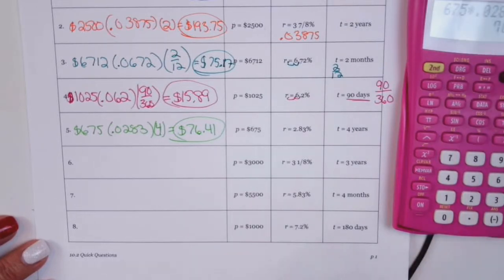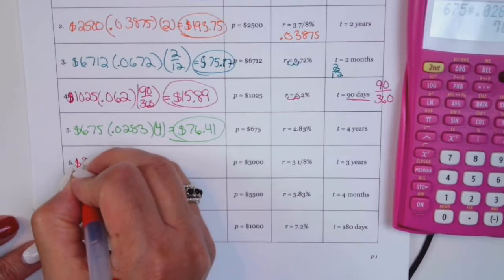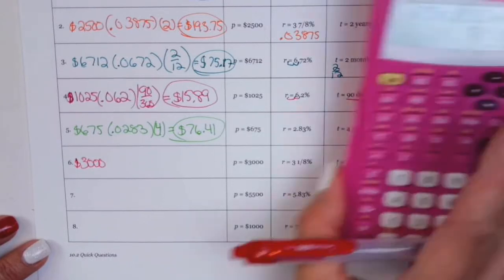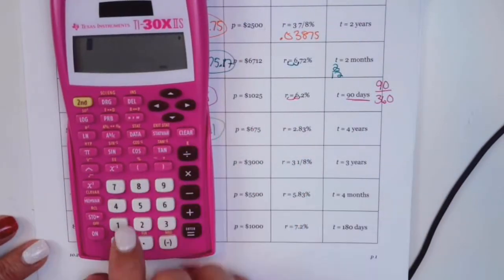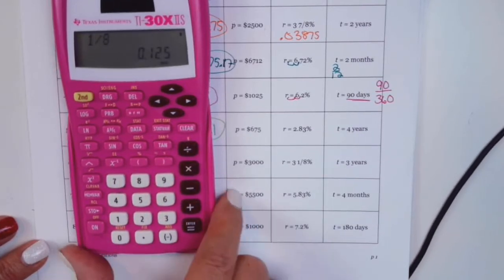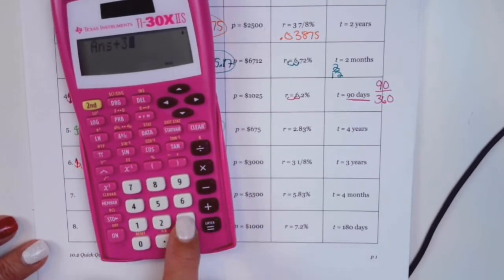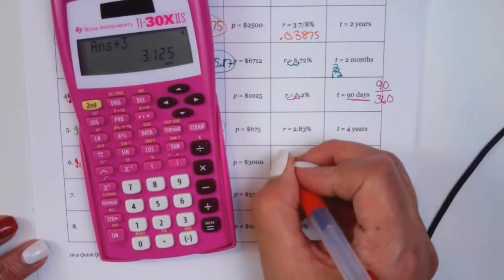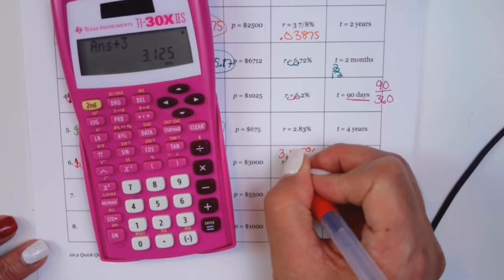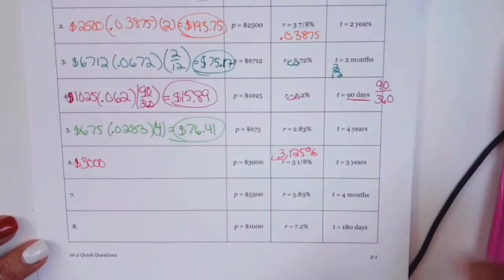Next one, we have $3,000 at 3 1/8%. So again, the 1/8, 1 divided by 8 is this, and then we're adding the 3 to it. So that would be 3.125%. And then we're moving the decimal 2 to the left.